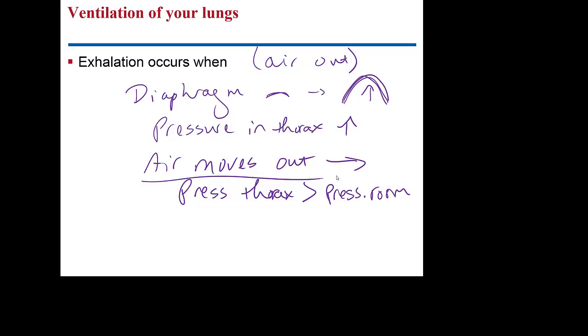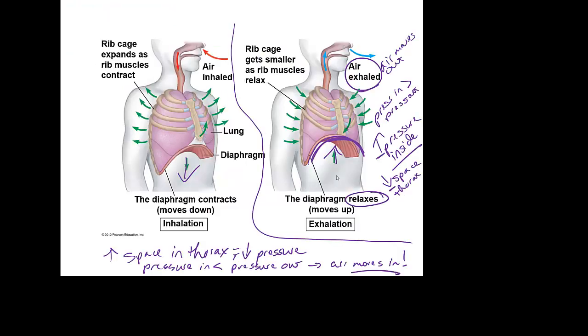You're going to have to think through this a couple of times. Which way is the diaphragm moving? What is going on? How does the diaphragm actually move? When we look at this downward motion of the diaphragm muscle itself, remember this is muscle.